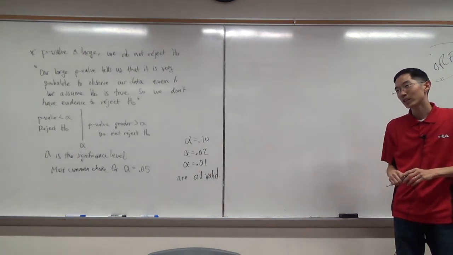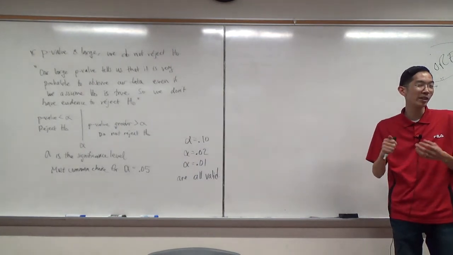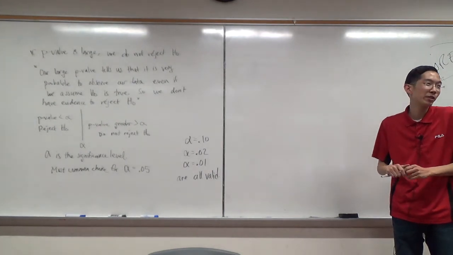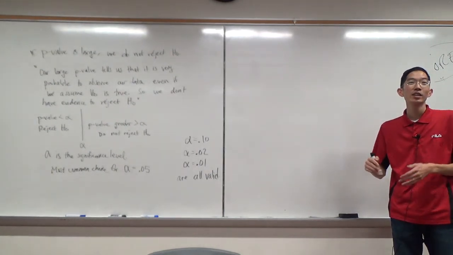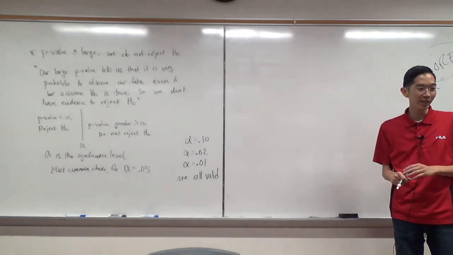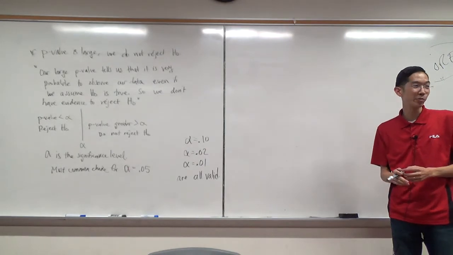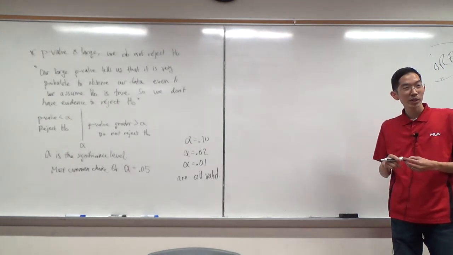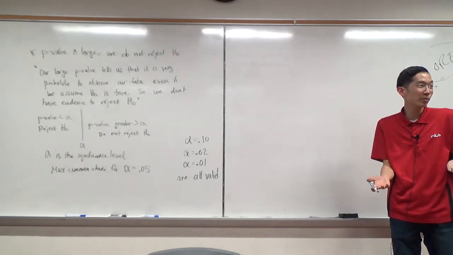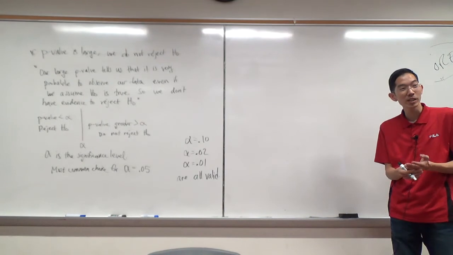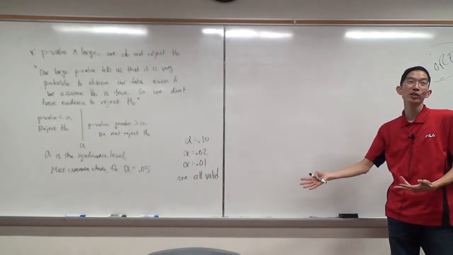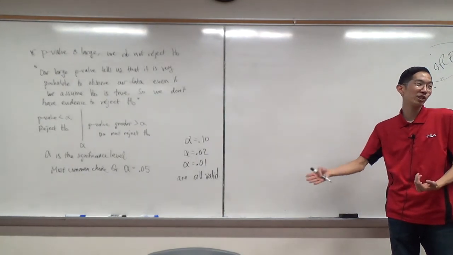Maybe you see 30 heads, and you do the math, and it turns out that only happens 1 in 500 times. So you're saying the guy is probably not using a fair coin. But is it possible that he was using a fair coin, and we just happened to see that 1 out of 500 chance? Yeah, it's possible. So based on the data, you've concluded that he was using an unfair coin.